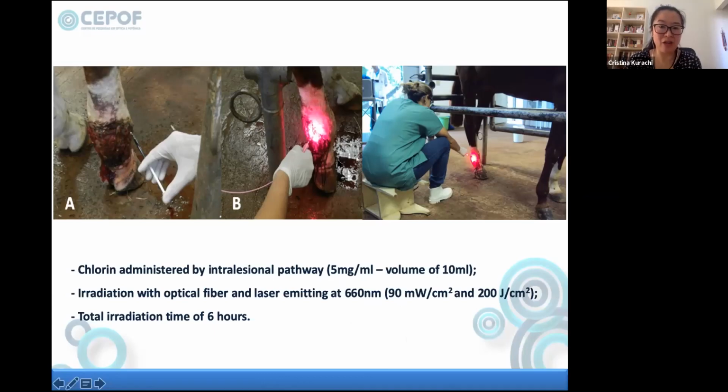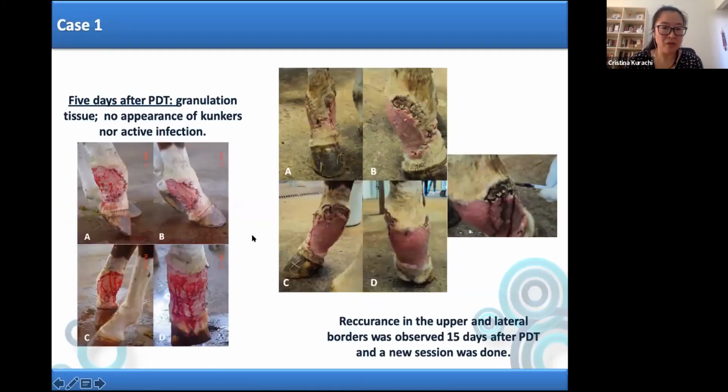This is a very large lesion that took a total of 6 hours of irradiation, but we applied the same energy level in this treatment. These are images taken 5 days after this first PDT session. Clinically, this is a very nice response compared to the former one.